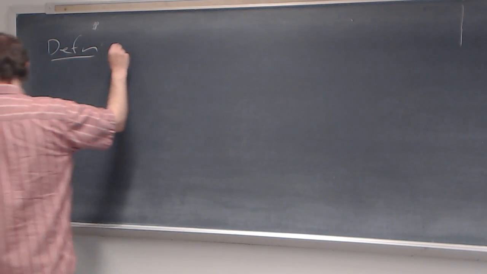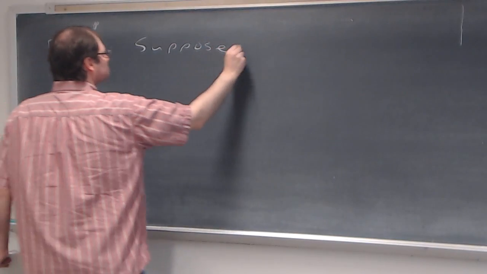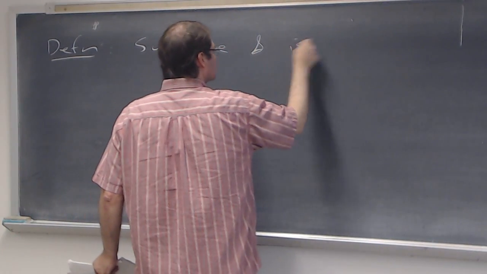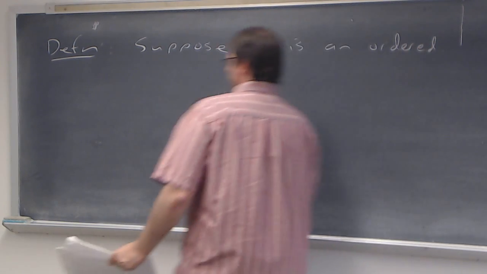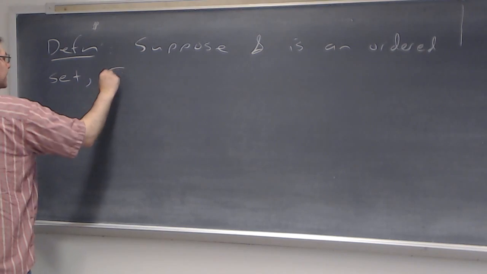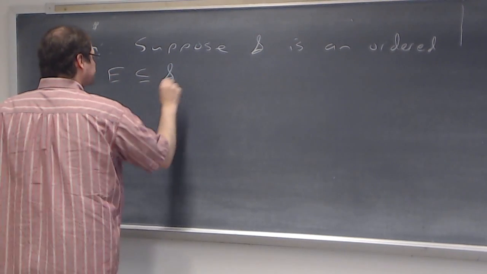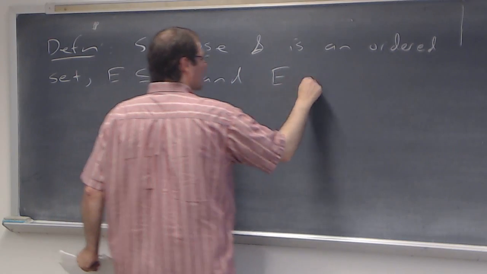As a definition, suppose script S is an ordered set, E is a subset of script S, and E is bounded below.